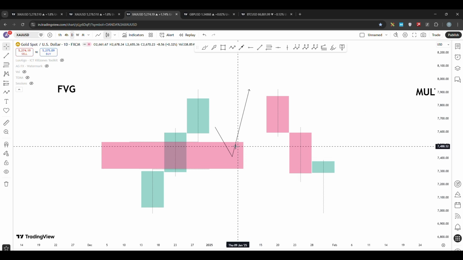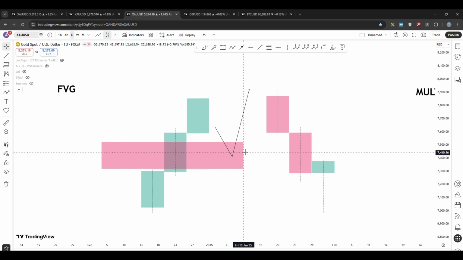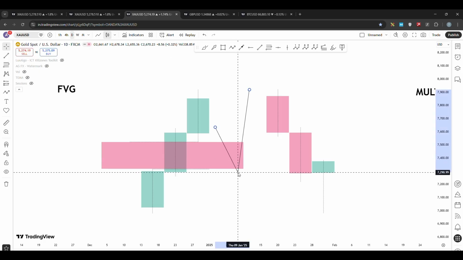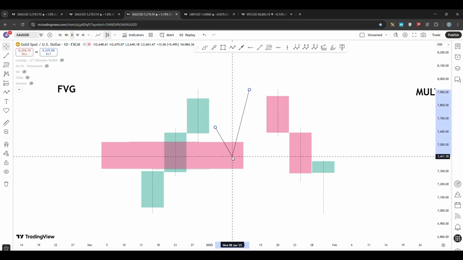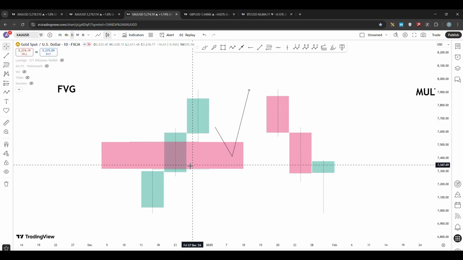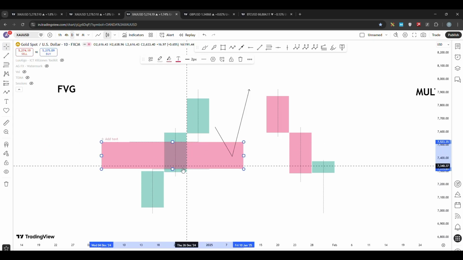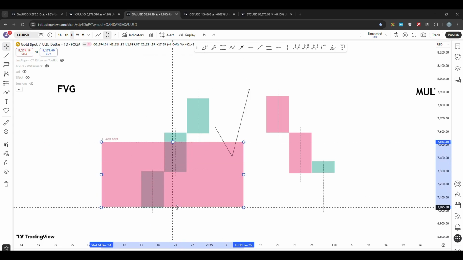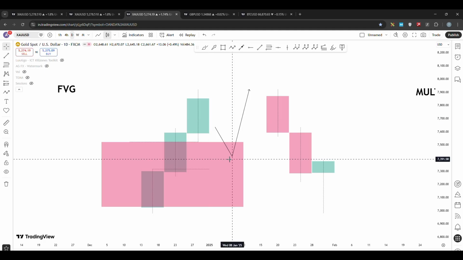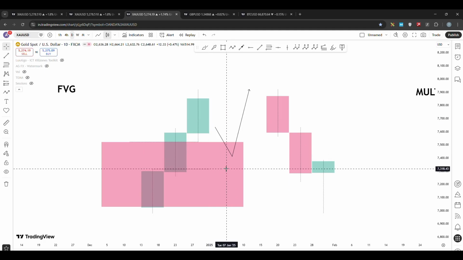So that means that their pending order was at this fair value gap itself rather than the order block, and that's why I keep telling you that we have to mark both the order block and the fair value gap as one single POI. So once market comes down, taps into the zone, we will be looking for an entry using confirmations in the lower time frame.